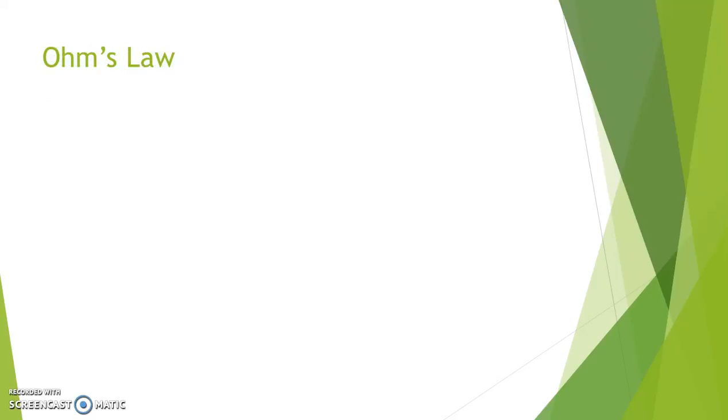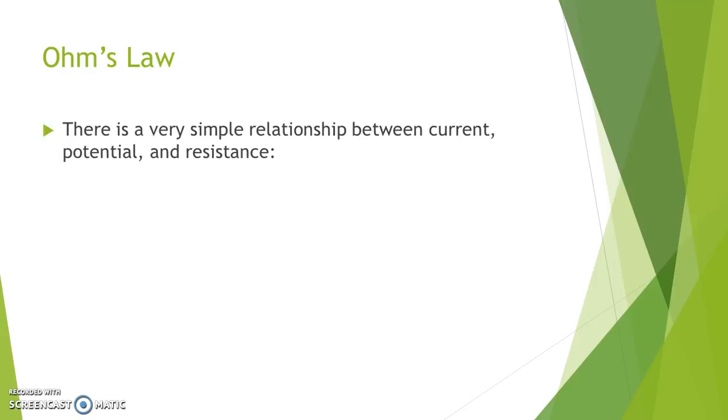All right, now we've defined current, we've defined potential, and we've defined resistance. We can relate these things together very simply. So, our current goes up when voltage goes up. Our current goes down when resistance goes up.